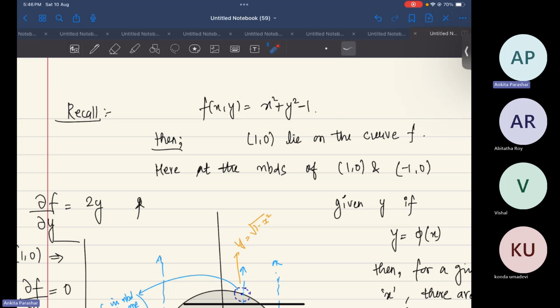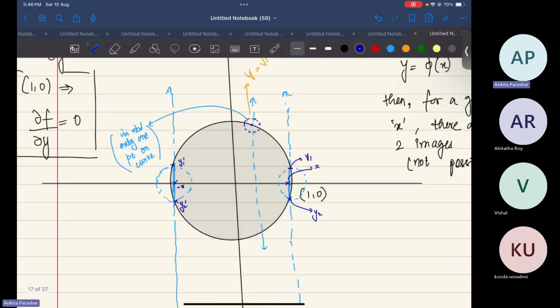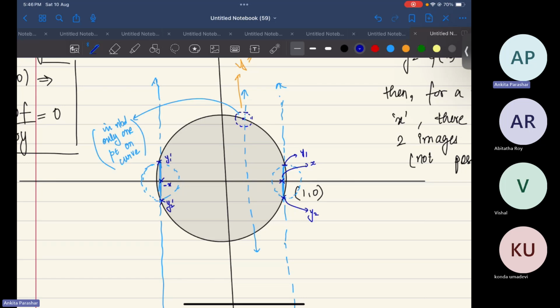And if I look at one point on this curve at which the partial derivative becomes 0, can you give me one point? Any x comma 0. I will choose 1 comma 0, right? Okay, let's see here, 1 comma 0.